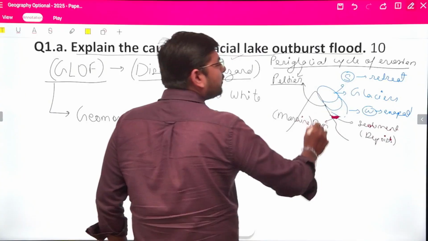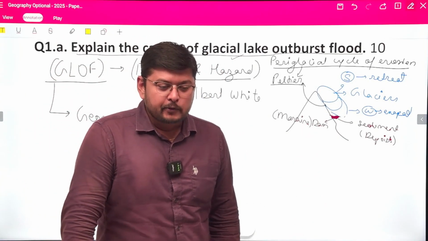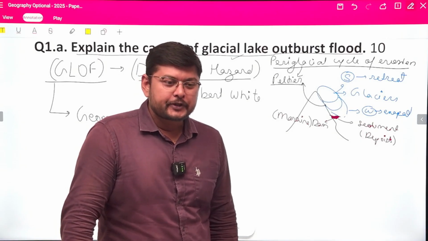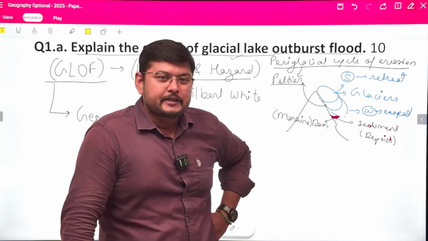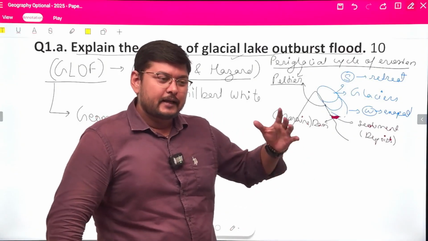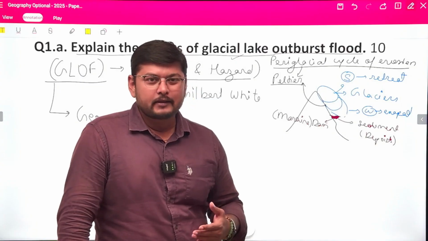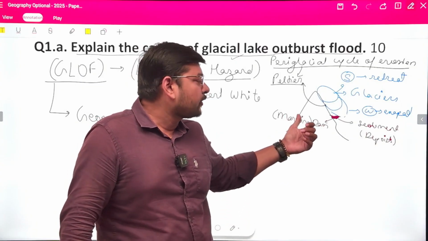Peltier was one of the students, or disciples, of Davis. Davis had not given a separate cycle of erosion for the glacial or periglacial regions. So Peltier went through the cycle of erosion processes and saw which different areas he could contribute to.